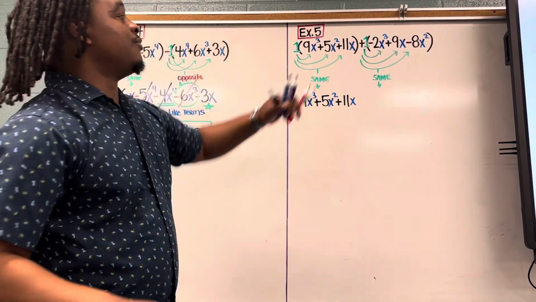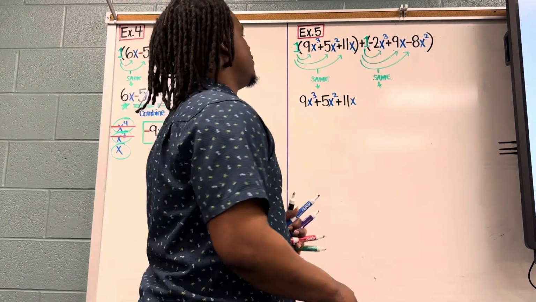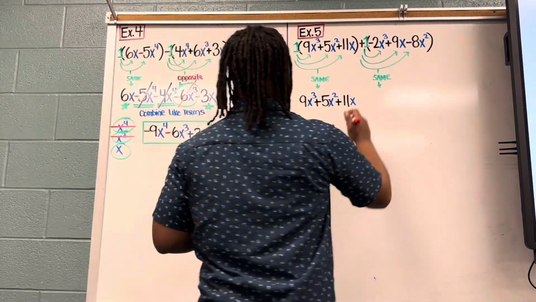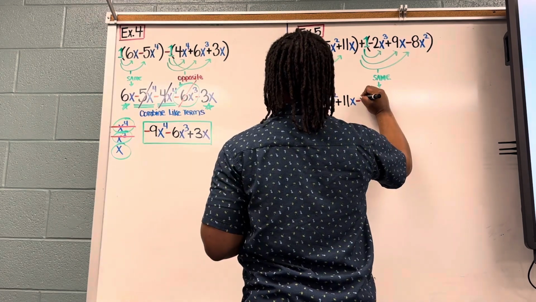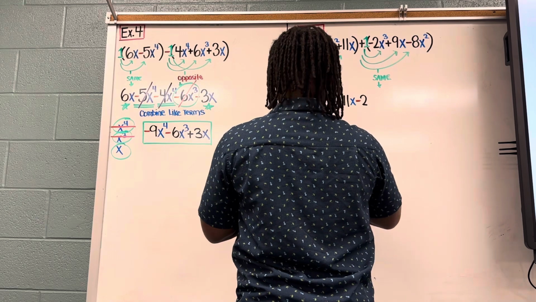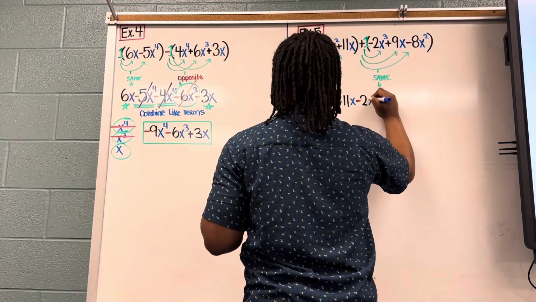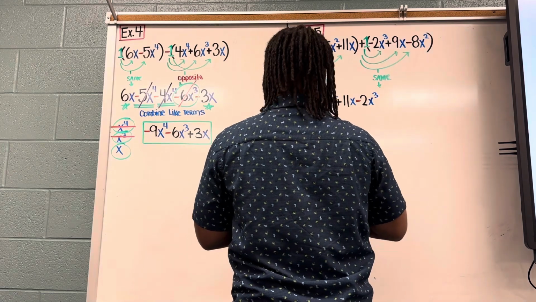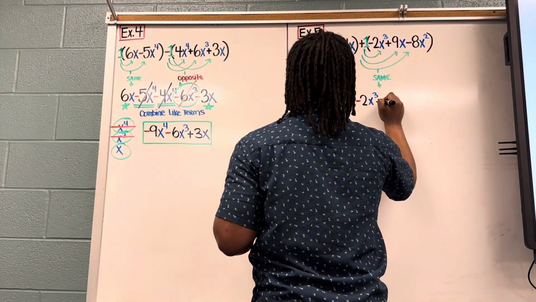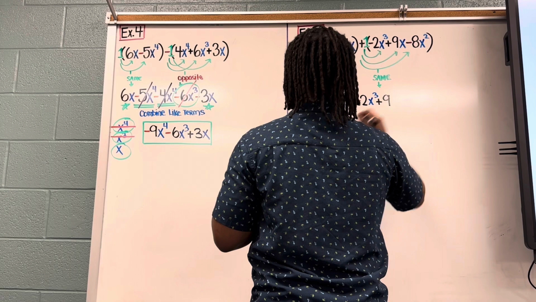Okay? So 1 times a negative 2x cubed is negative 2x cubed, or x to the 3rd power, okay? One times 9x is 9x. So that's going to be a plus 9x.